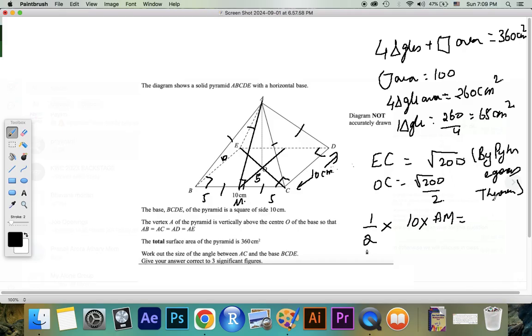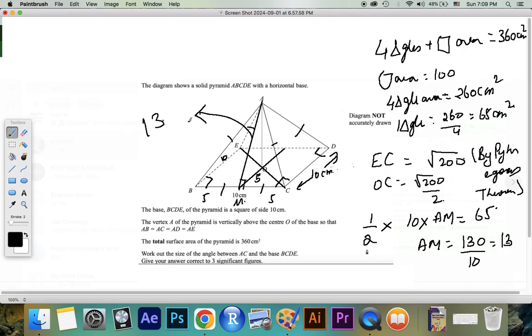So half times 10 times AM is equal to 65 centimeters squared. If I take this over here, AM becomes equal to 130 divided by 10, which is 13. So AM is 13, right?